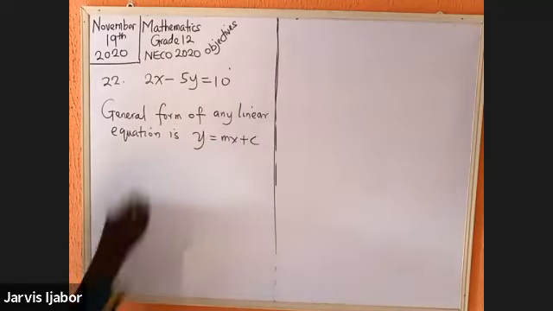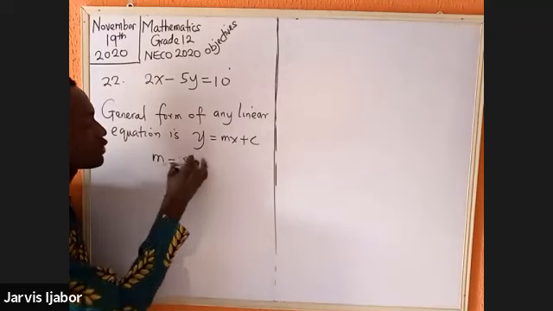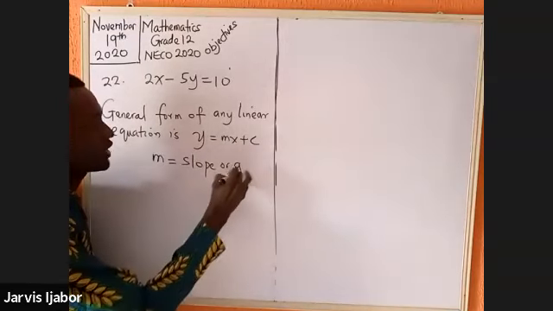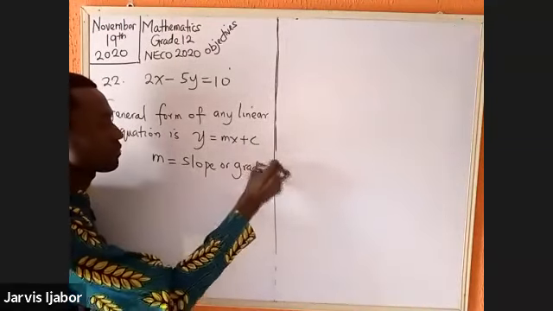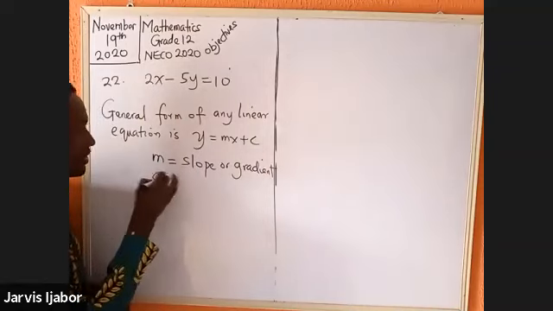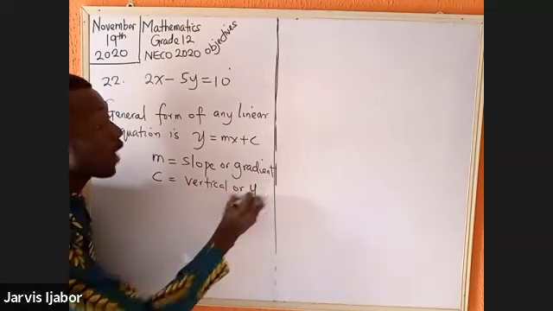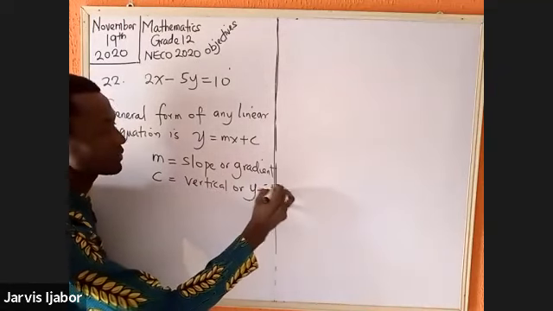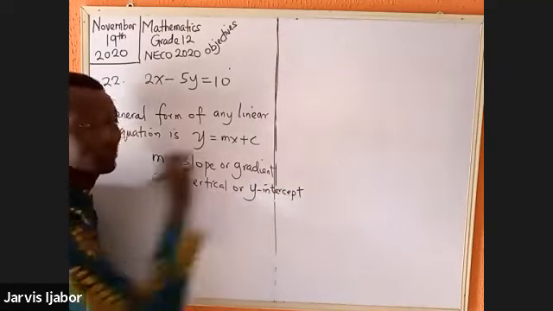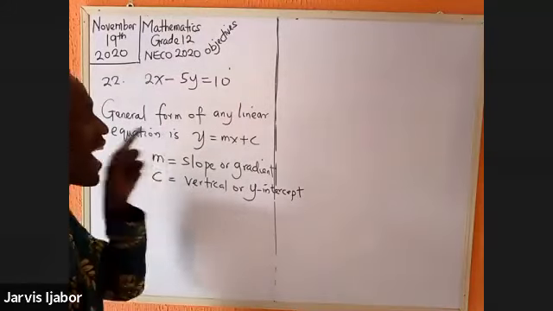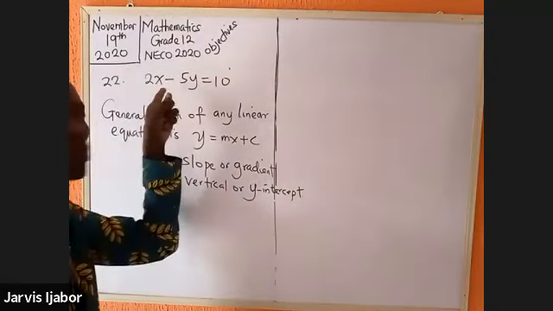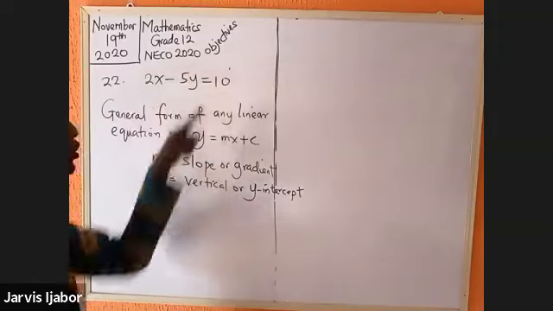Please watch carefully. Now, m is the slope or gradient, and c is the vertical or y-intercept. So, in answering this question, your first objective is to rewrite this equation to look like this.